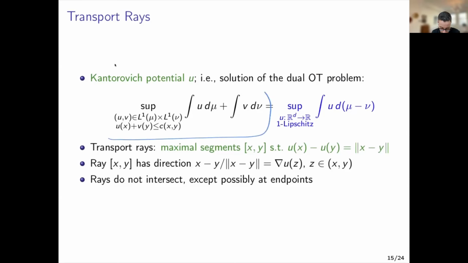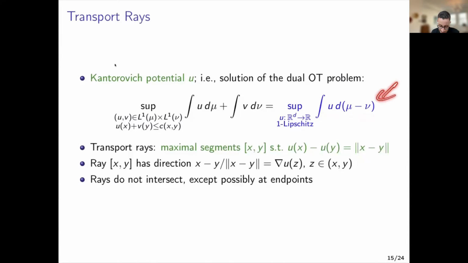This is the dual problem: maximize over functions u plus v less than the cost c, these integrals. If you do this for the particular distance cost, it simplifies to what is on the right-hand side here: sup over 1-Lipschitz functions u, and then just this integral. This is because the c-convex conjugate for this particular cost function is simply the negative of u.